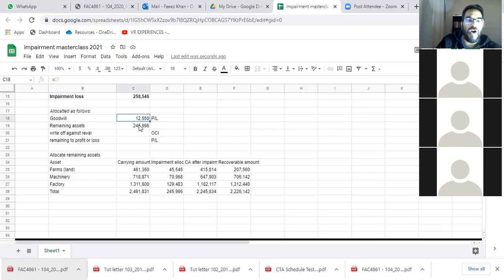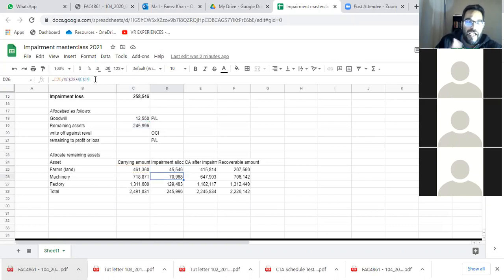What was remaining of the impairment was 245. That 245 must be allocated against the remaining assets that fall within the scope of IAS 36 on a pro rata basis based on their carrying amounts. So that's what we did.